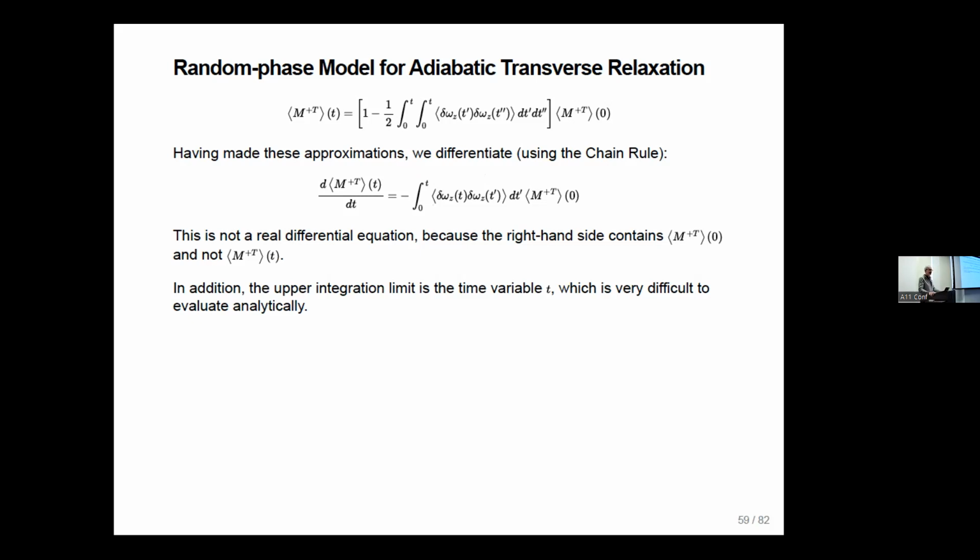This is a critical assumption. What's the time scale of, say, overall tumbling of a protein in solution? Some nanoseconds, right? Ubiquitin, 3 or 4 nanoseconds. So the stochastic times in solution that we're interested in are nanoseconds. What's the time you're interested in when you measure a free induction decay?